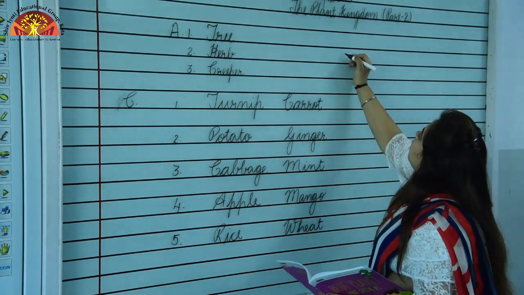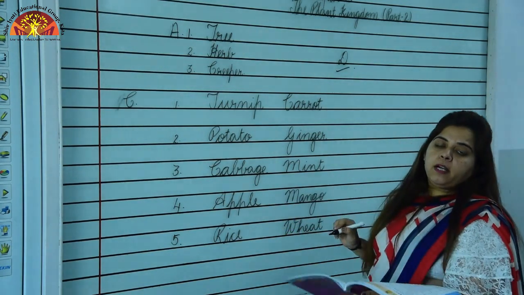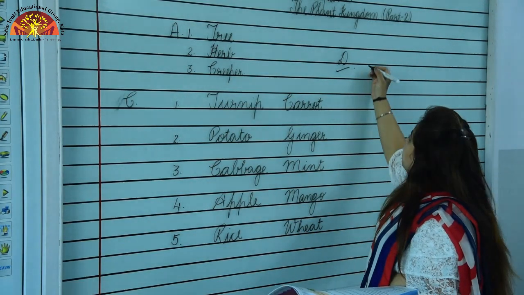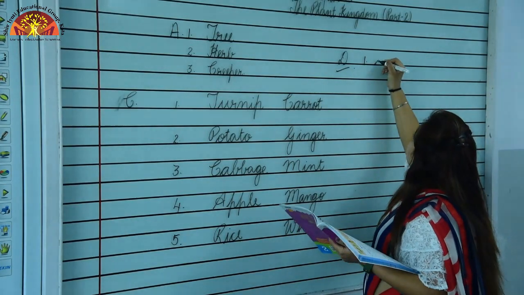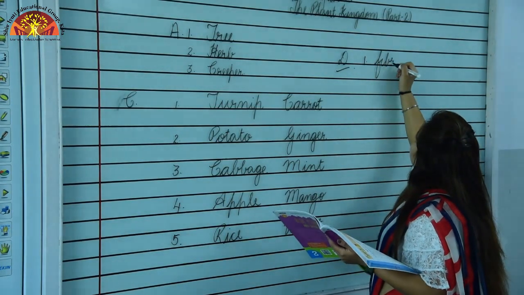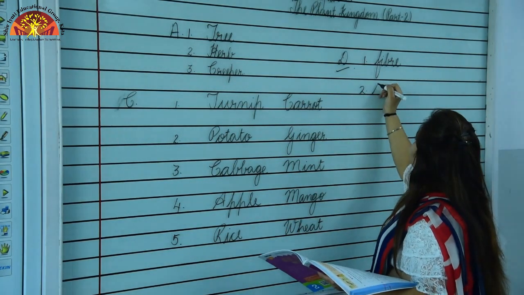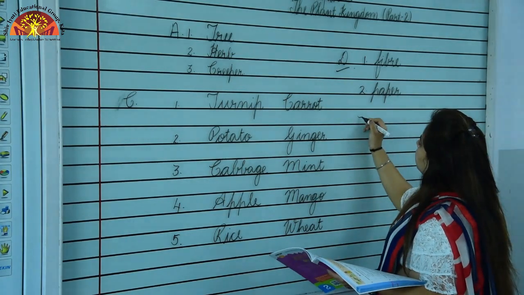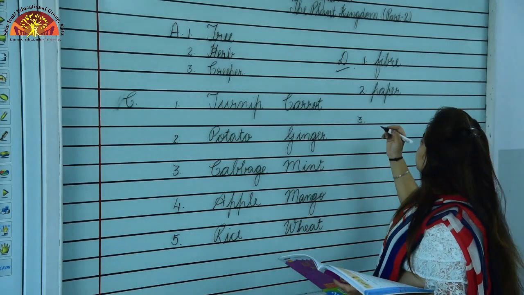Now question number D. What do the following plants give you? Here we have to write what the following plants give us. Number 1, from jute we make fiber. F-I-B-R-E, fiber. Number 2, from bamboo we make paper. P-A-P-E-R. Number 3, from tulsi we make medicines.